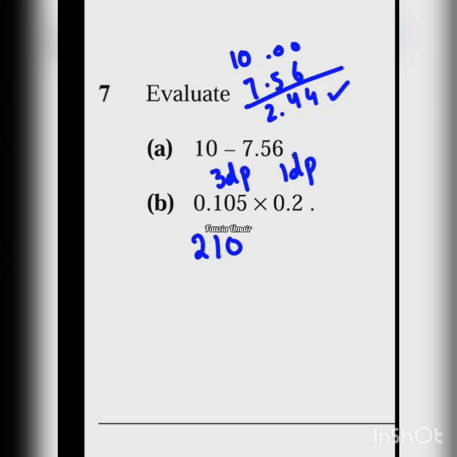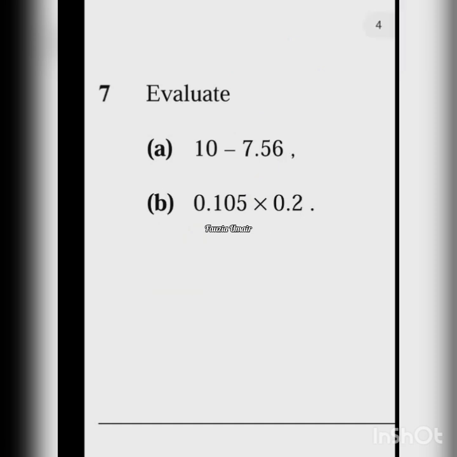So where will the decimal go? 0.0210. That's right. So this is your answer. 3 decimal places multiplied with 1 decimal place, so the answer should be a 4 decimal place number. I hope this is clear. We have discussed it already. Right.